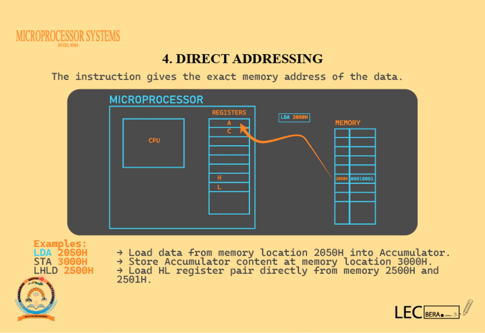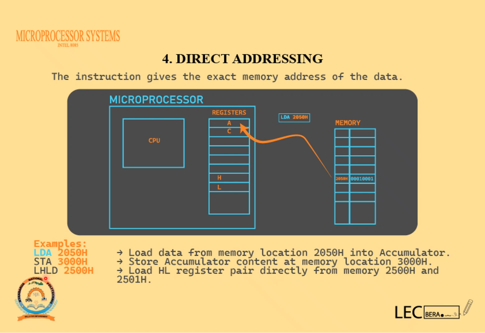Then we have LHLD 2500H here. We load the HL register pair directly from memory locations 2500H and 2501H. Remember, if I want to load the address of a memory location into the register pair so that later I can do indirect addressing, then this is the instruction I should execute.